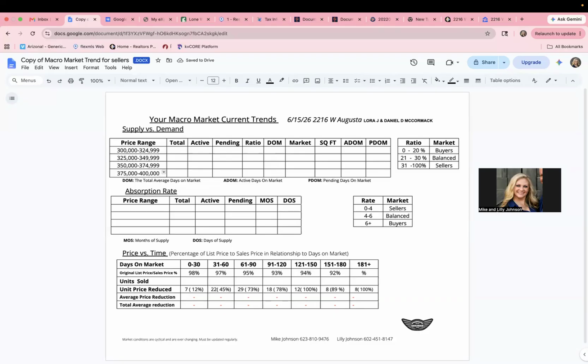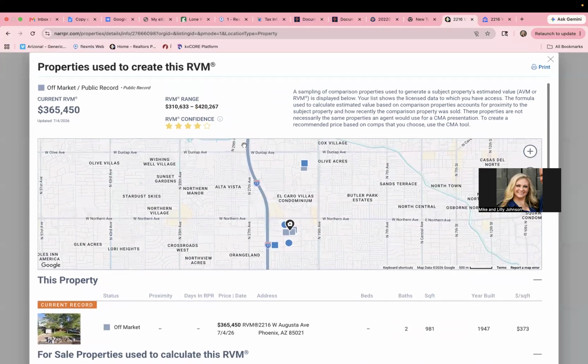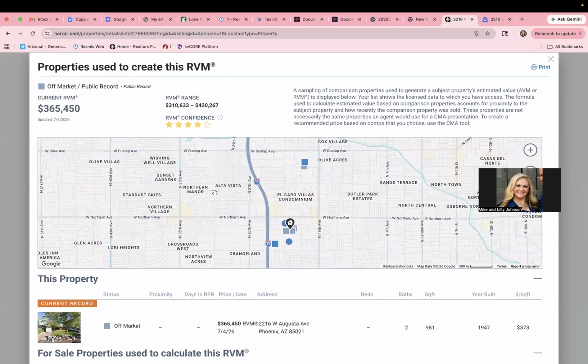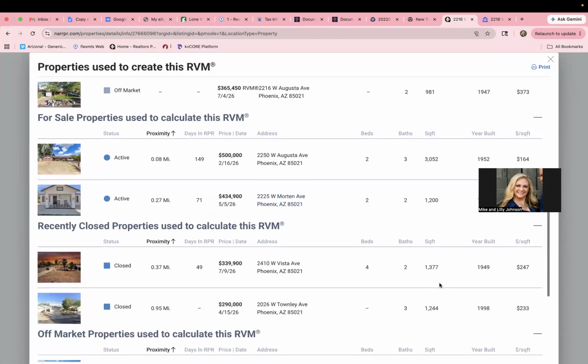I don't know if he's going to like that, but based on this, I doubt he's going to be at 420, because I see this RVM range, but I also see that they're picking up 500 and 434. Maybe not 434, but I don't think he's a nice spot. Maybe he is. I could change it if I knew.